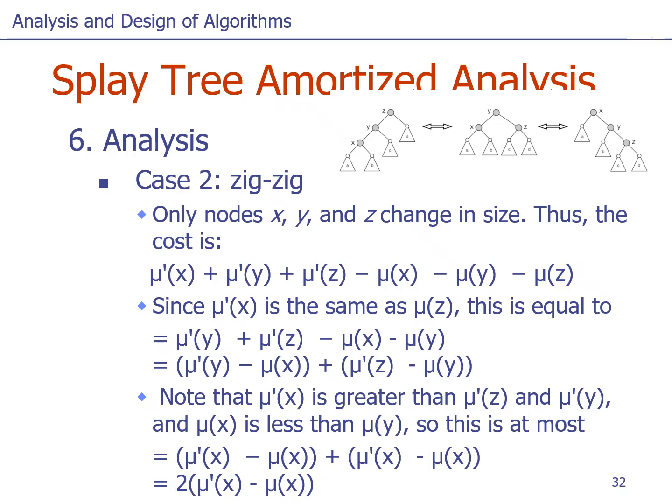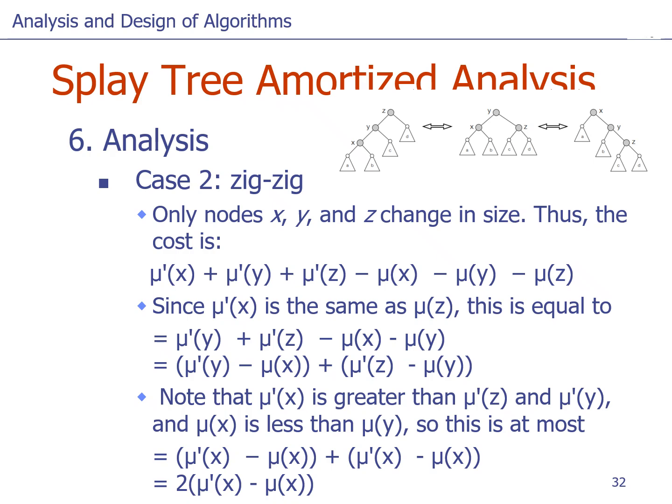Now, because ultimately x becomes the root, and historically in the first figure to the left above, z was the root, the new bank balance of x, mu dash x, has to be exactly the same as the old bank balance of z. Because again, we're calculating it based on the number of nodes and on the height.